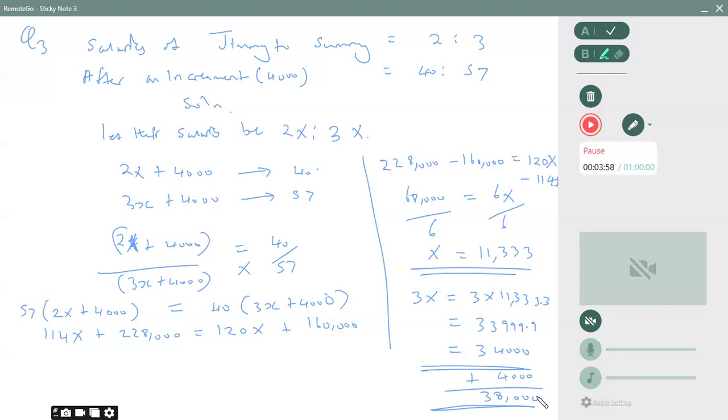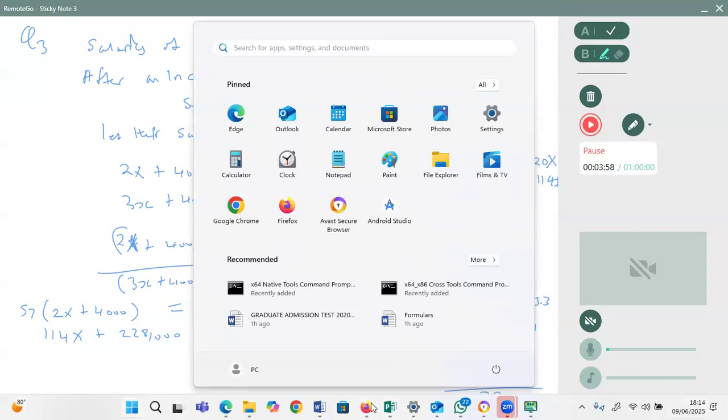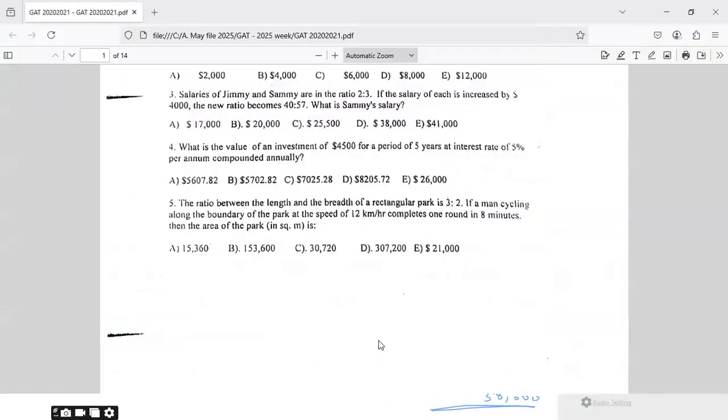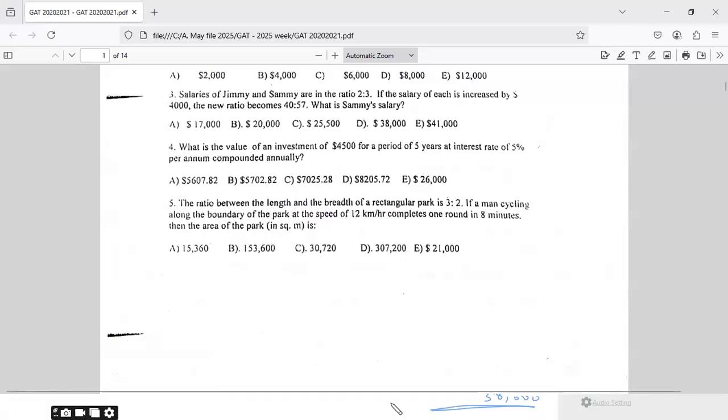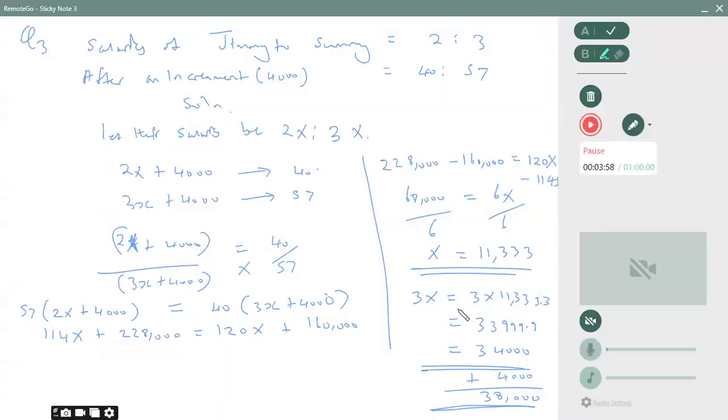Let us see if it's there. Then we come back here and look at it well. Yes, we have 38,000 as letter D. So let us look at it well for the last time. At first we said you first write them the way they are. Whatever they say in the question, an increment means an addition, so you also add.